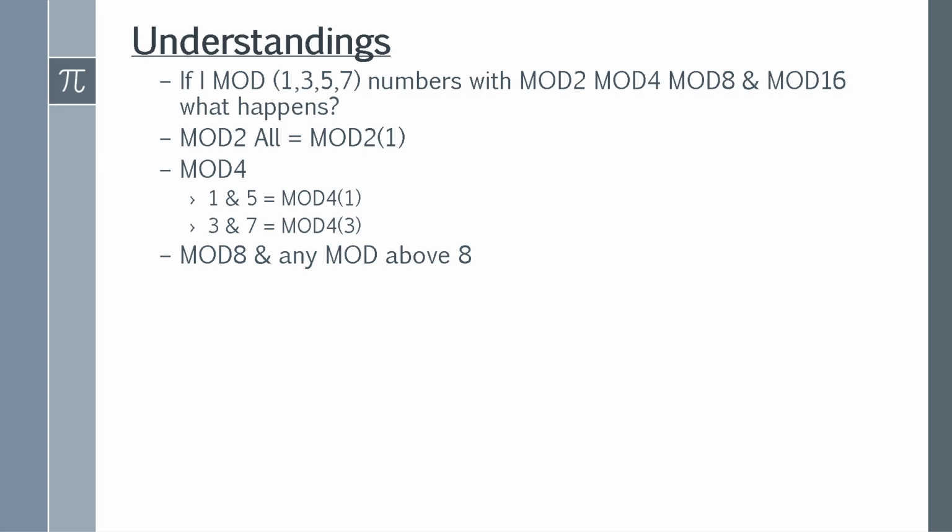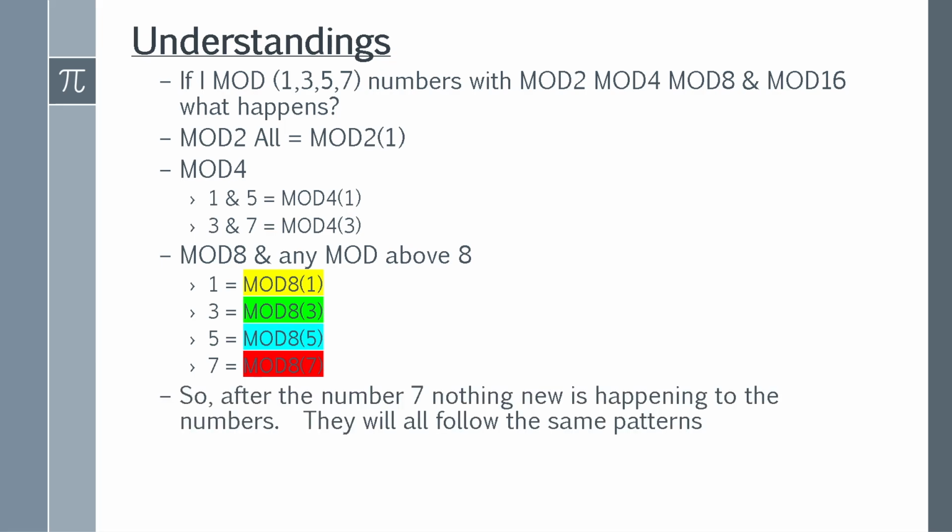So with mod 8 and any mod above it, so mod 16, right? 1s are going to be mod 8 1, 3s are going to be mod 8 3, 5s are going to be mod 8 5, and 7s mod 8 7. Right? So what we see is that after the number 7, there's nothing new happening, right?